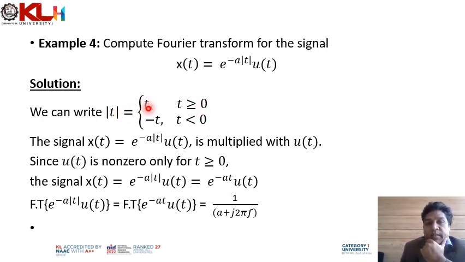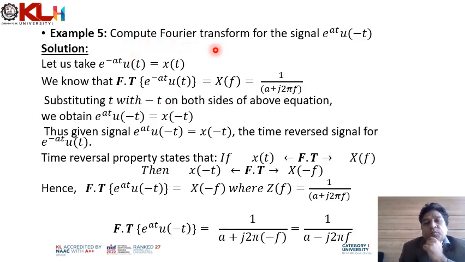There the |t| becomes t. So e^(-a|t|) u(t) actually reduces to simply e^(-at) u(t). Then we have to compute the Fourier transform of this signal, which was previously calculated in the previous slide as 1 divided by (a + j2πf).